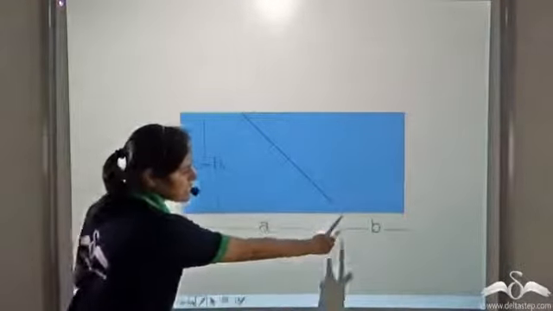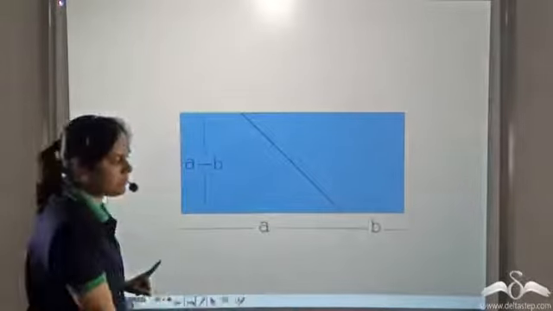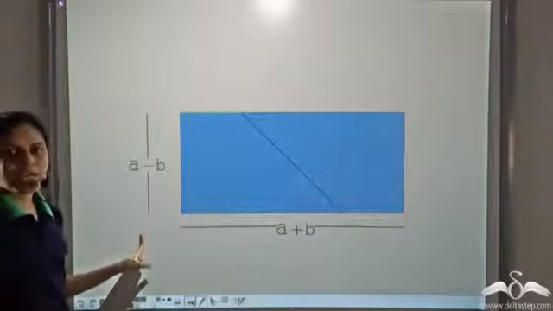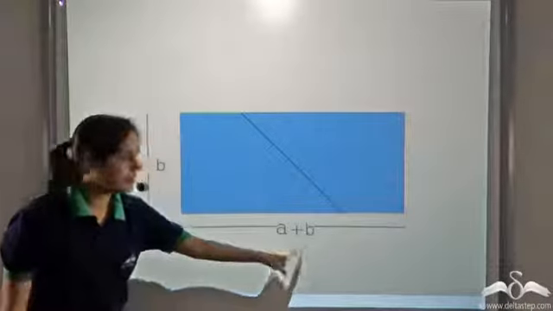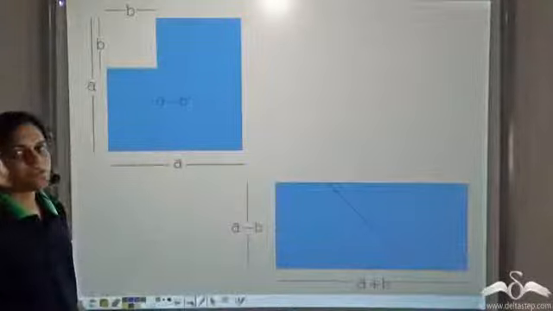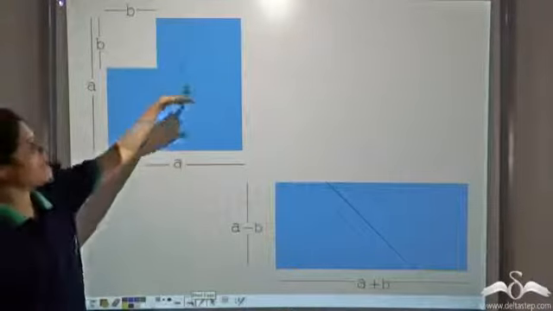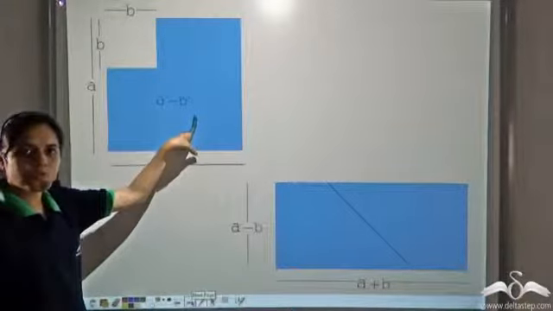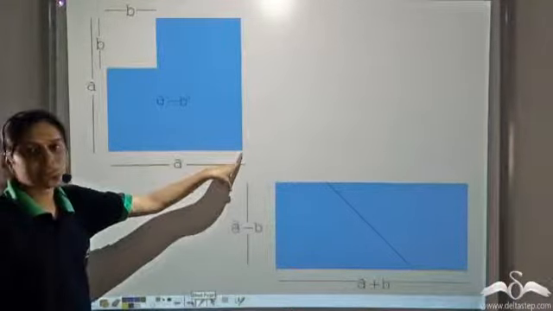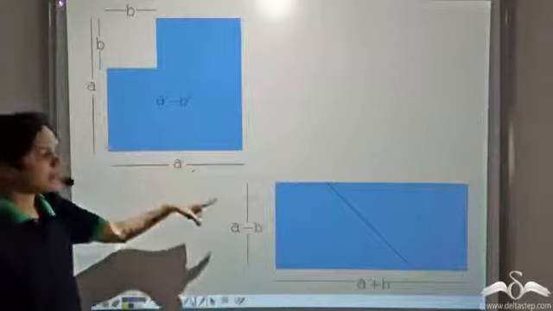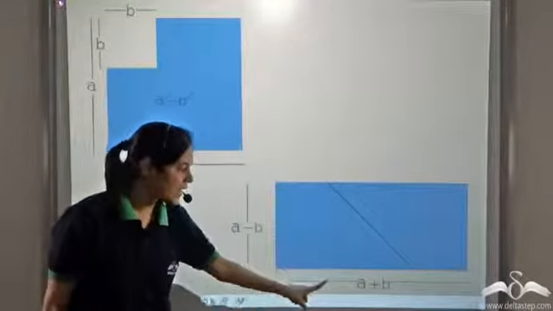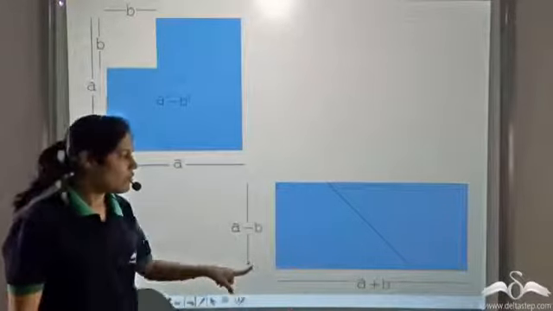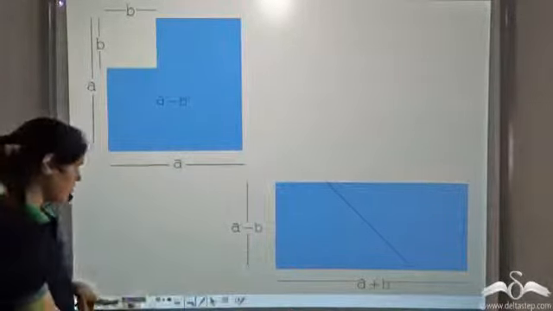This length is A plus B. So we have a rectangle with sides A minus B and A plus B. So earlier we had this region with area A square minus B square. We cut it from the middle and then we rearrange it to form a rectangle with sides A minus B and A plus B. What is the area of this rectangle?